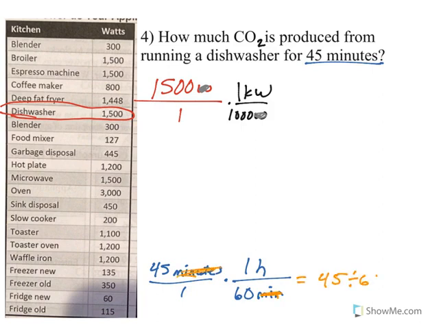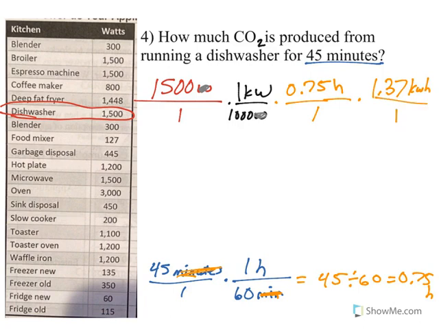And you take 45 divided by 60, and it gives you 0.75 hours. So I'm going to multiply by 0.75 hours. You can do that anytime you're given the number of minutes. You just divide by 60. It'll tell you what portion of an hour. Then I can multiply by 1.37 pounds per kilowatt hour.